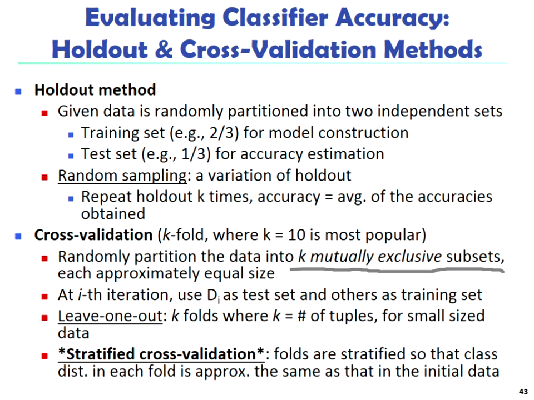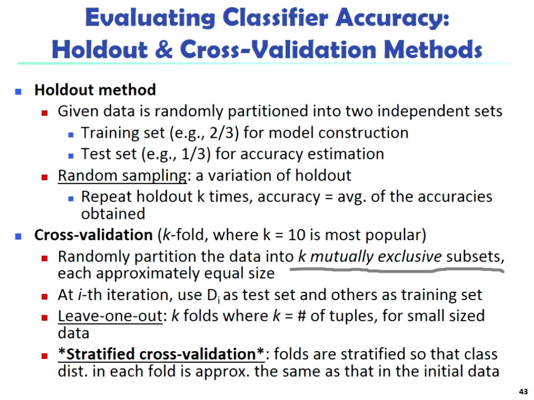Leave-one-out is k-fold where k equals the number of tuples, for small-sized data. So leave-one-out is an example of cross-validation, but k in this case is the number of tuples.